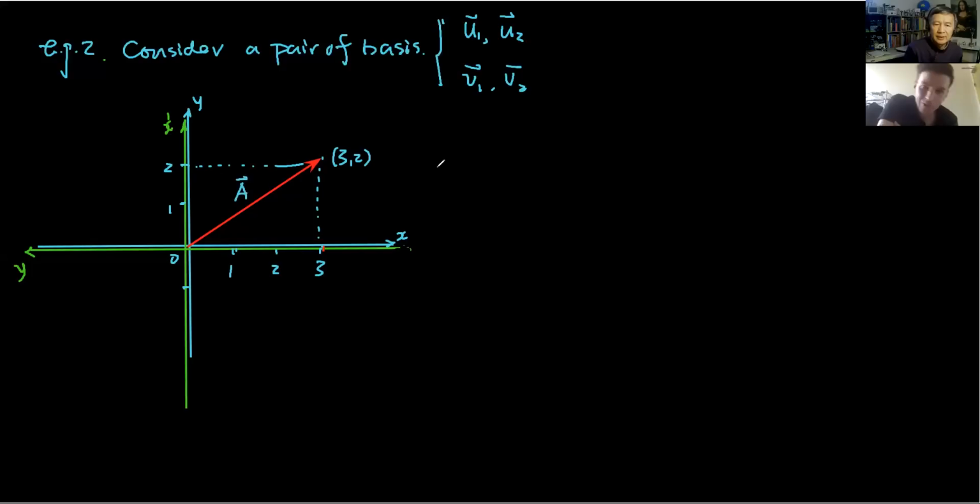The vector A can be written in the first basis, in terms of its components, as 3 U1 plus 2 U2. How about this very same vector in the other basis, V?